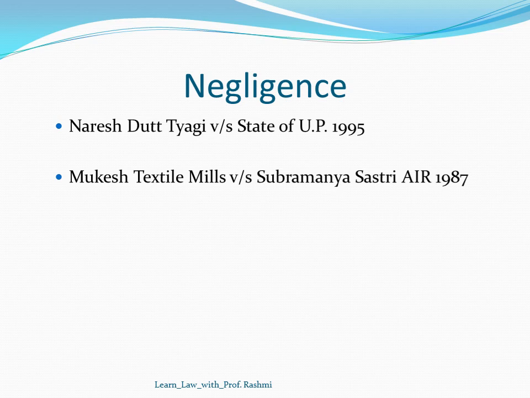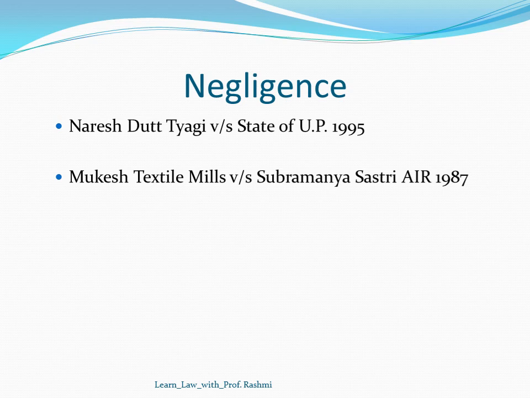Next is Mukesh Textile Mills versus Subramaniam Sastry, AIR 1987. Now here again negligence is applied. Let us see how. The appellant has a sugar factory, and he is using that area for storing molasses. What is molasses?